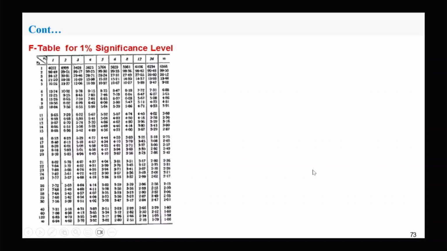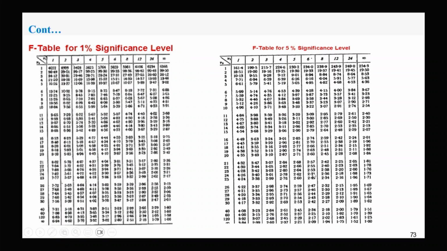In the F table, infinite is gamma 2 and 14 is gamma 1. So, it is coming around 2.13, and at 99% level, for 14 it is 3.00.